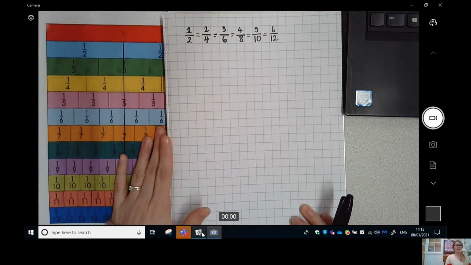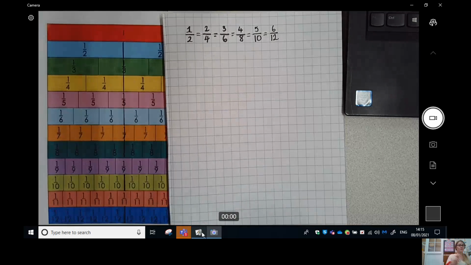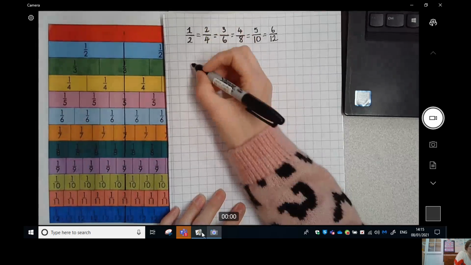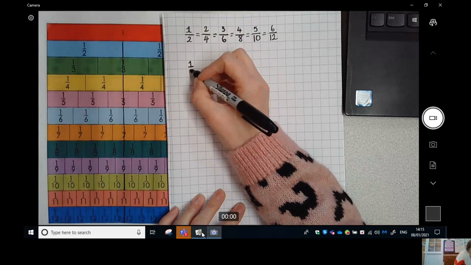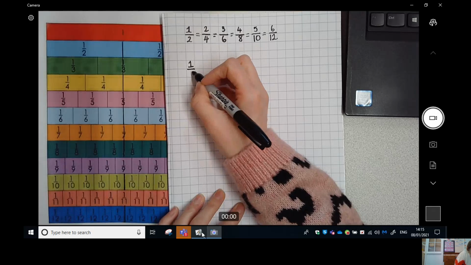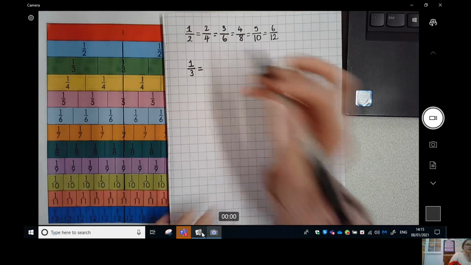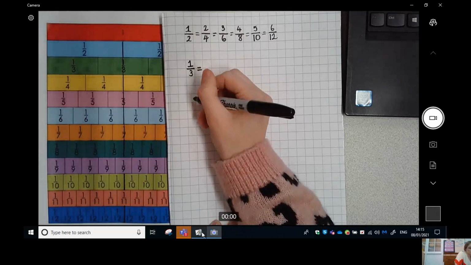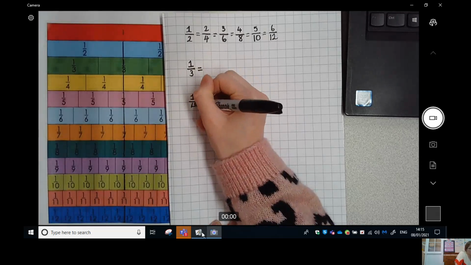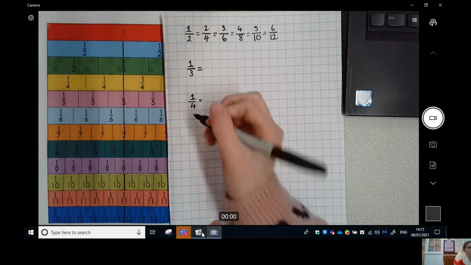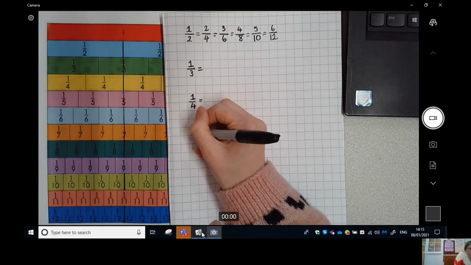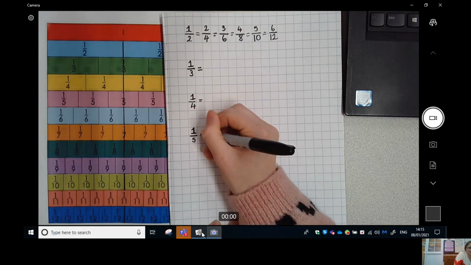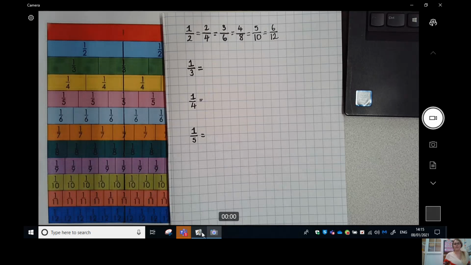And you might find there's not as many for some of the others, but we'll talk about why when we come back in a moment. So I'm going to add 1/3 on next, and then you're going to go off and find those. When you found all of the ones that are same as 1/3, moving on to 1/4, and then moving on to 1/5, and so on. You're going to keep working your way down until you can't find any more.